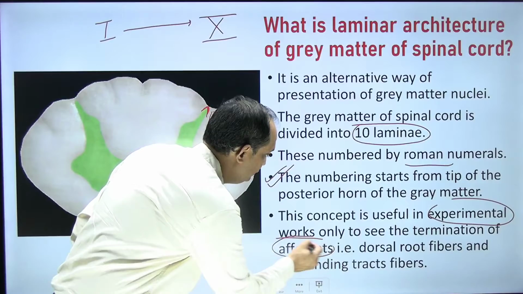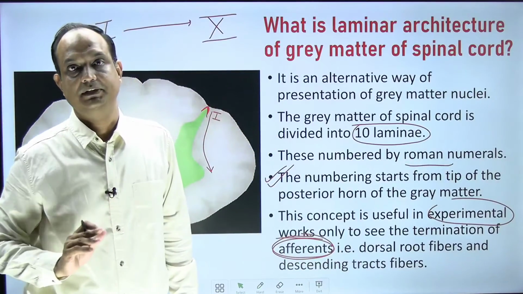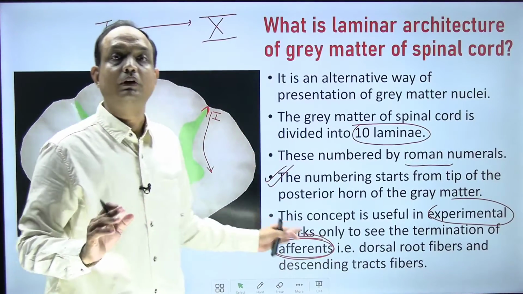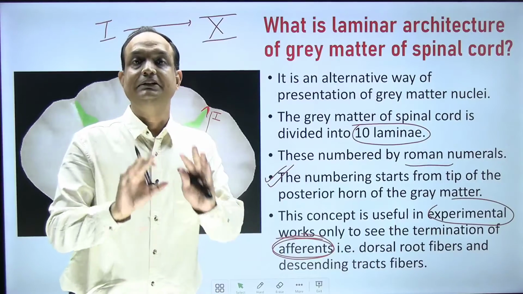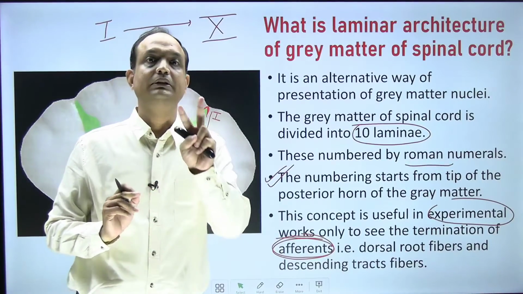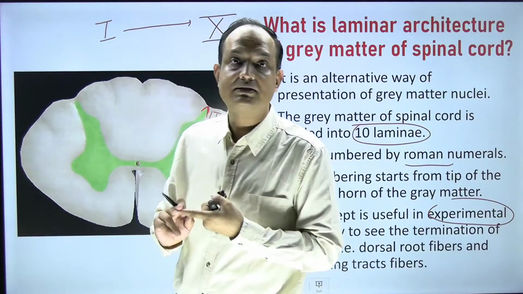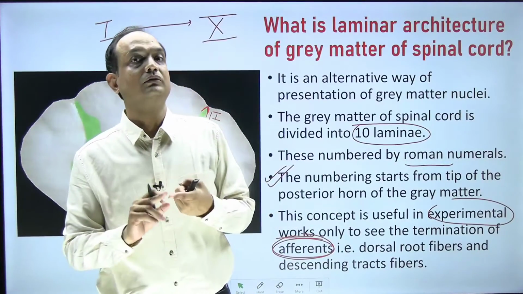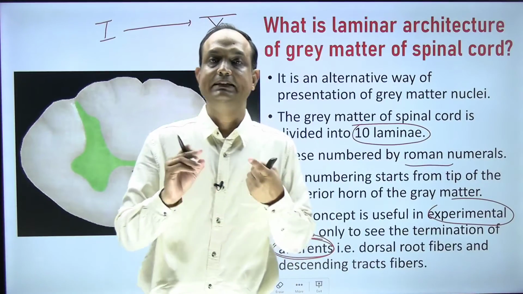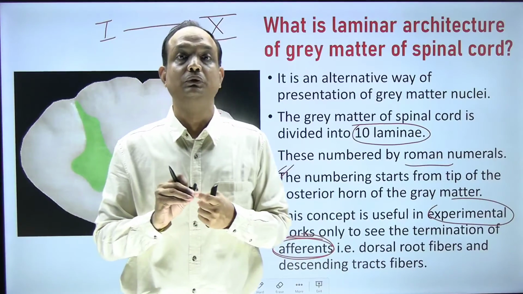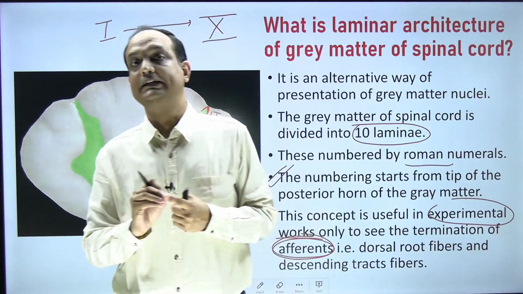It is not used for the motor terminations. That means, what are the afferents entering into the spinal cord? There are two things you have to understand. Afferents come first from the dorsal root, and you know that the dorsal root carries the fibers of neurons present in the dorsal root ganglia.